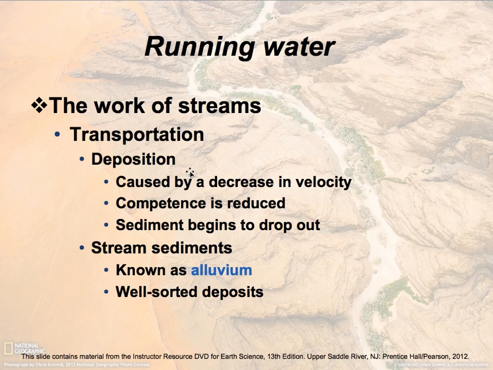Stream sediment, known as alluvium, is characterized by well-sorted deposits. Sorting is the geologic concept of how defined a deposit is, a characteristic that describes the distribution of grain sizes in a deposit.